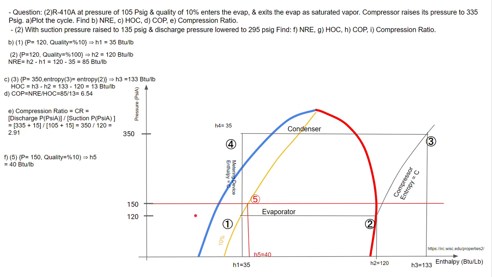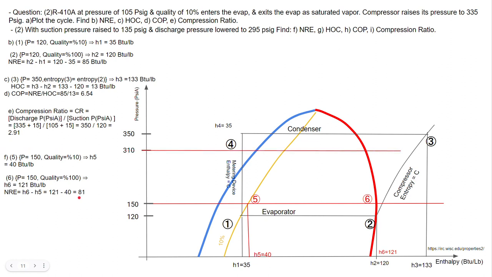Again, we plot the cycle, and this is 150, the suction pressure, and this is point 6, which is the end of the evaporator and beginning of the compressor. NRE in the new case will be H6 minus H5, which is 81 BTU.